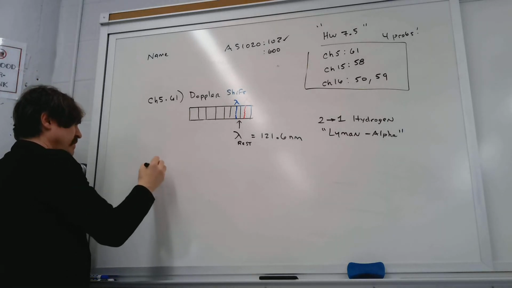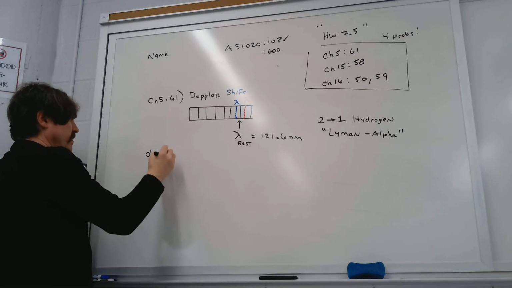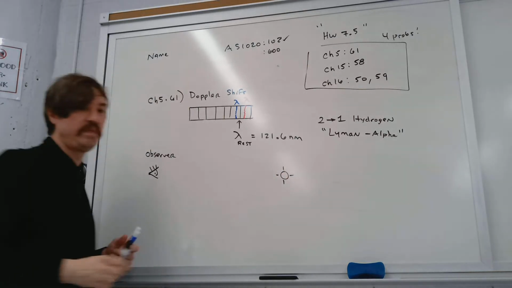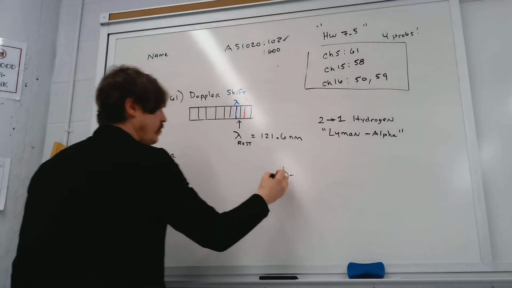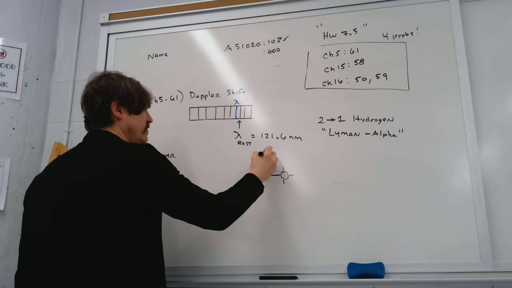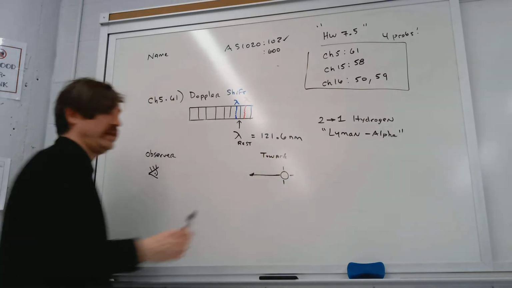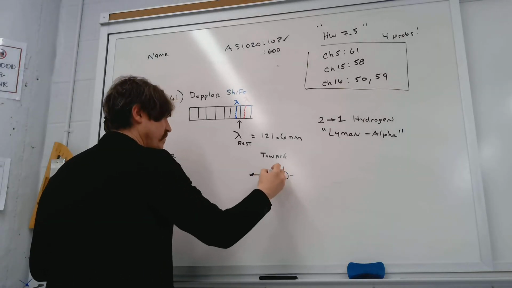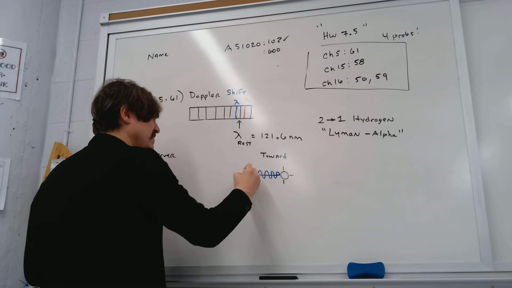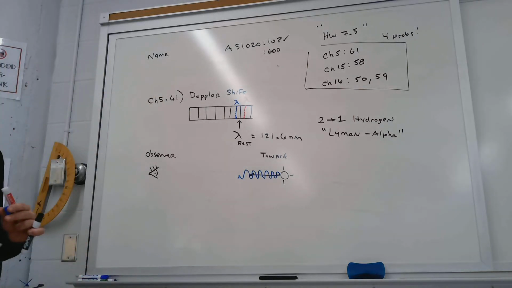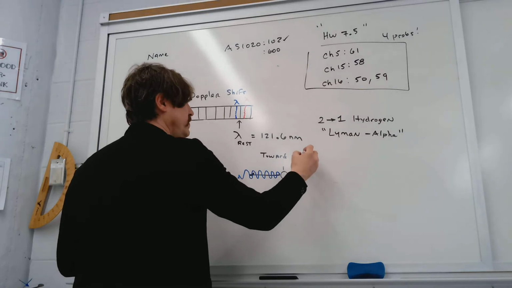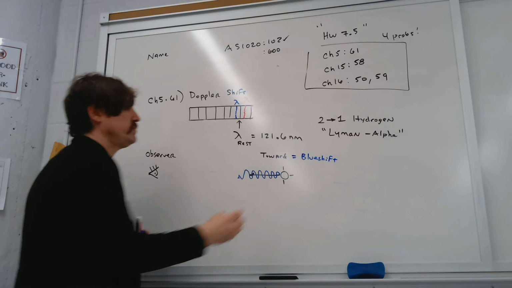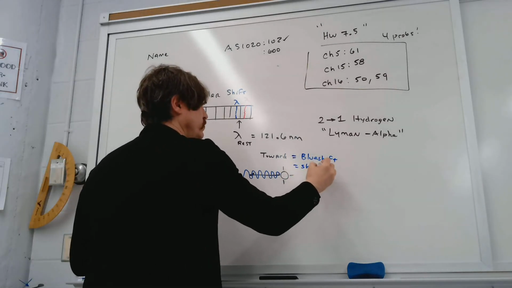So let's draw an eyeball that represents the observer on Earth. And let's put a star over here in outer space. When a star has a velocity that is toward the observer, the wavelengths of the emitted or absorbed photon become compressed and shifted towards the blue end of the spectrum. Motion toward the observer creates a blue shift, and that usually means shorter wavelength.